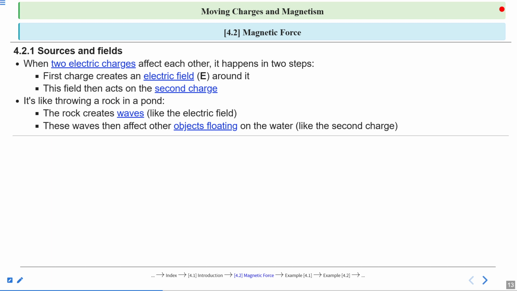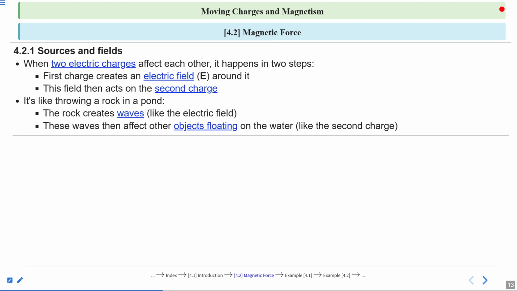It is like throwing a rock in a pond. We are drawing the analogy. The rock creates waves, like an electric field. You can assume the rock as the first charge, creating waves in the pond, and these waves can be considered as the electric field.